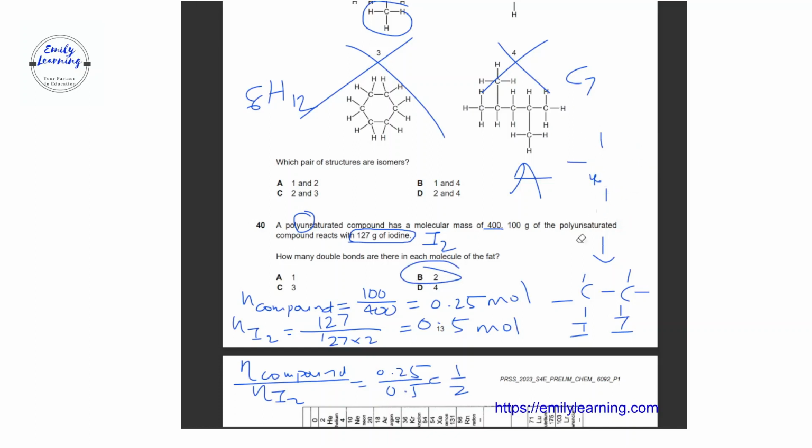So we know that the answer is B. If you have 2 C=C double bonds, then you'll need 2 moles of I2, because you need to put I at this C=C double bond here, and also another I2 here when you break this double bond here. So the answer for question 40 is B.